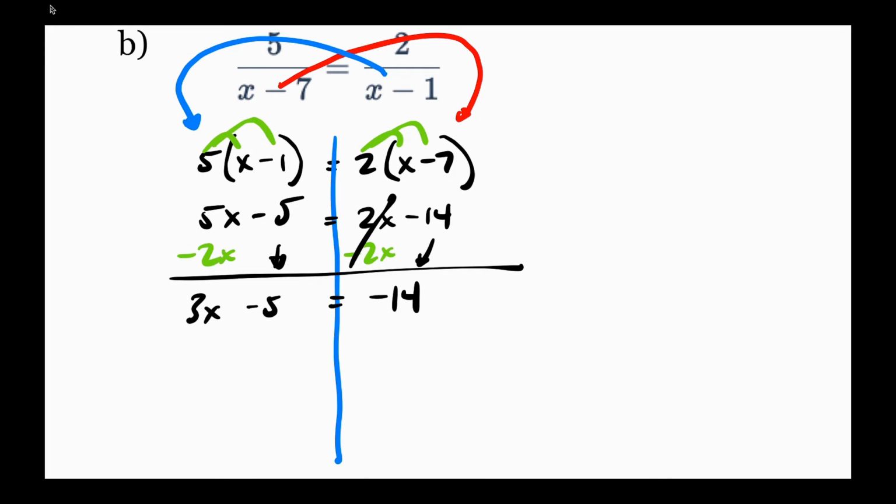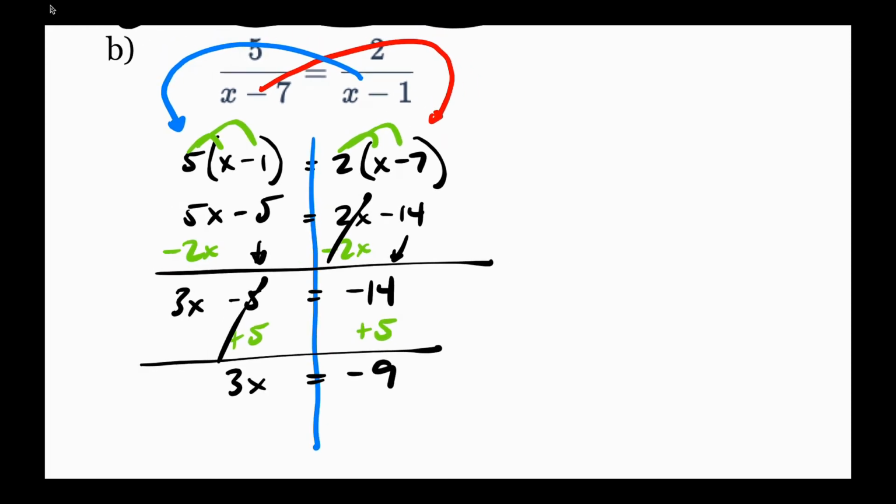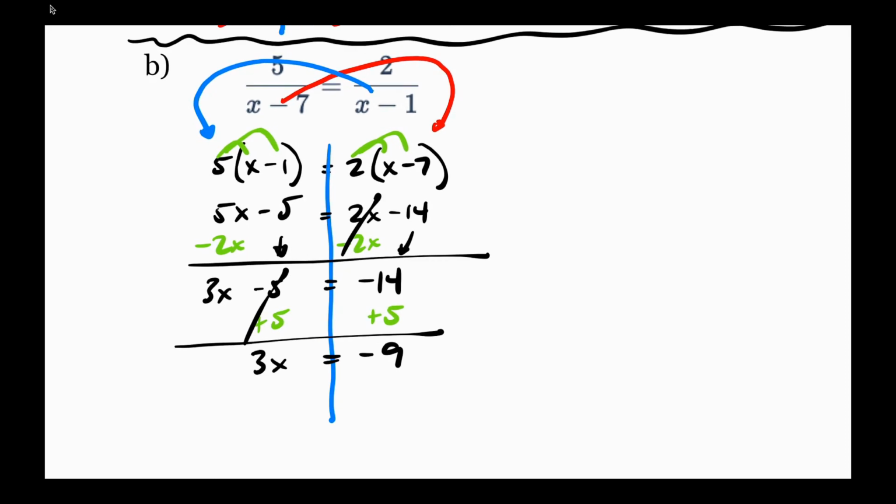Add 5 to both sides. -9. Divide by 3. X equals -3.